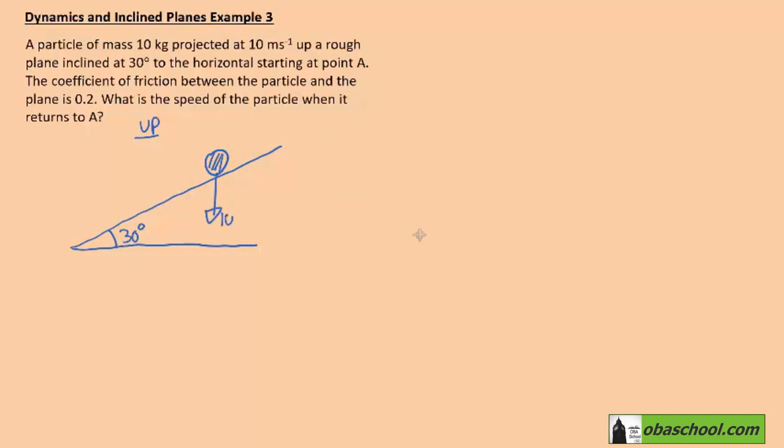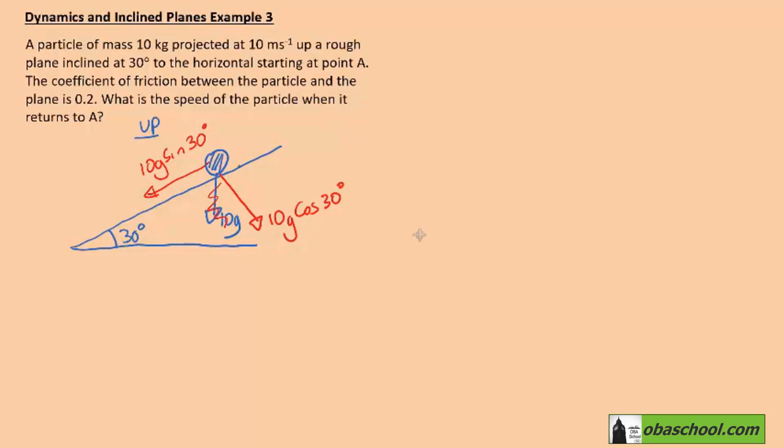So we've got 10g, and clearly that's going to resolve into 10g cos 30 this way and 10g sine 30 this way. Once we've got that, we can obviously ignore that.